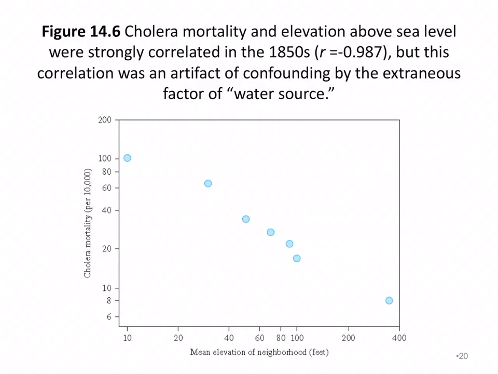So here's your -0.98 R value of the water source, and as you can see, as the elevation increased, the cholera mortality increased, you had this near perfect negative R value. But we know that's not true. We know that cholera is from bad water and not by elevation.